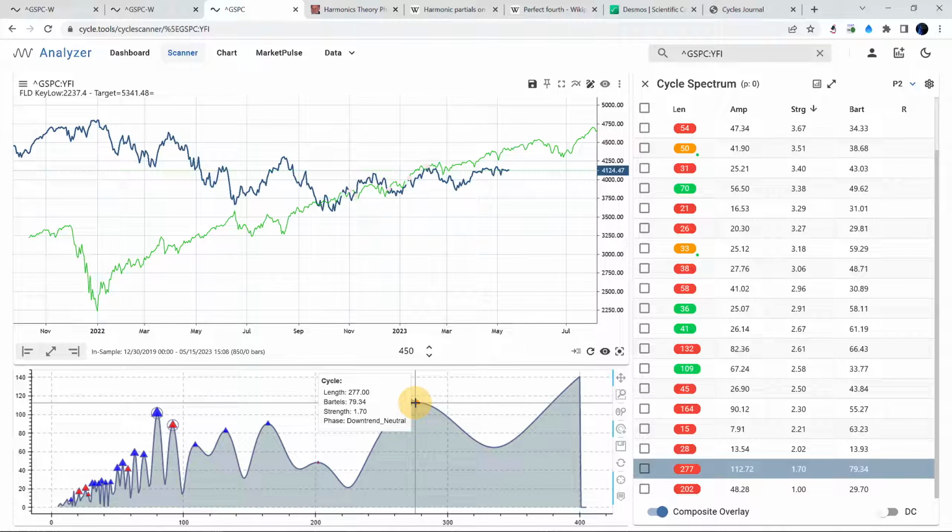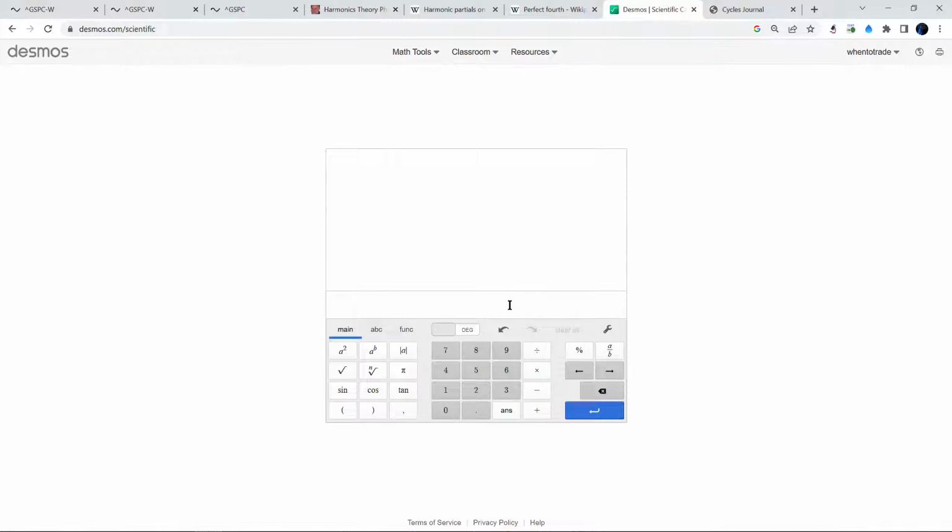277 market days. So 277, and I know this upfront, multiplied by 4 gives us around this 1000 days, which is the 4-year cycle. So we have a harmonic relation of the 4-year cycle divided by 4 gives us the length of around 277 market days. So the daily cycle, which has a harmonic relation to the dominant cycle of 182 weeks, has a length of 1100 something.